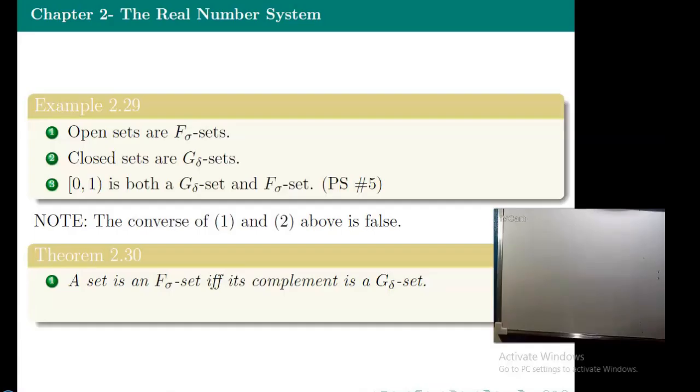Okay, to prove the other way, we will consider any set, and by assumption, the complement of that set is a G delta set. Then we will show that that set is an F sigma set.